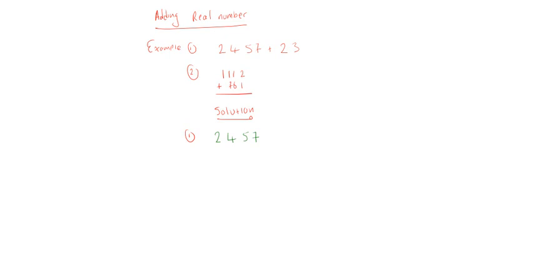So 3 should be below which number here? Should 3 be below 7, 5, 4, or 2? Yes. So 3 will be below 7. Okay. So 2 will be below 5.